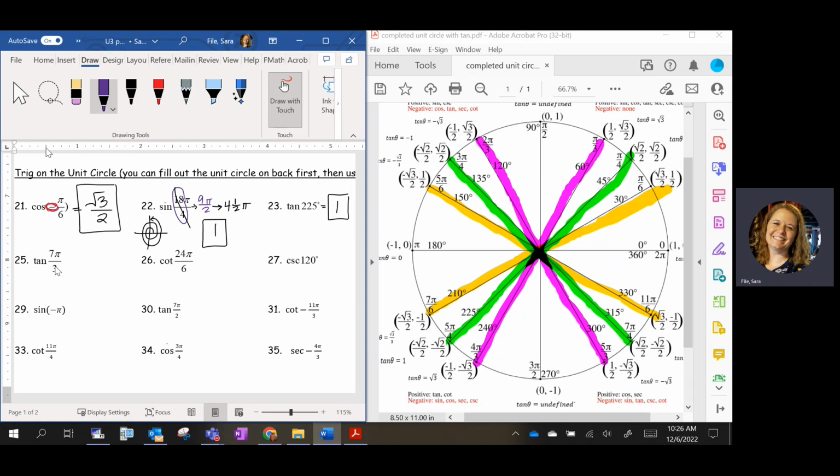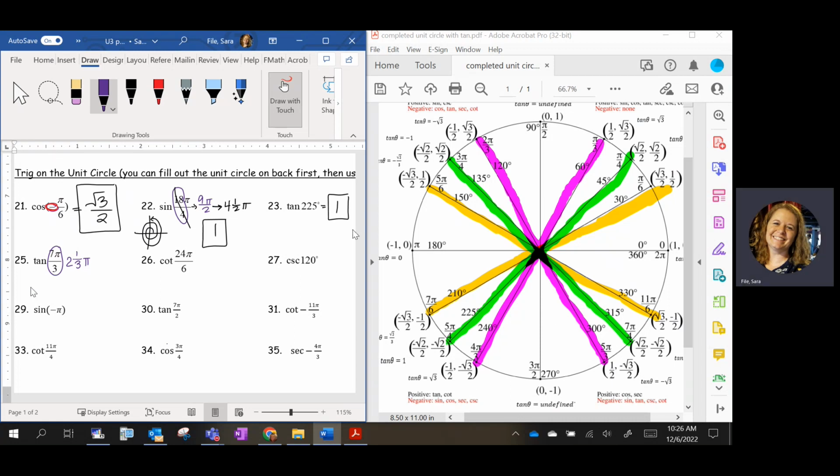How many times does 3 go into 7? Twice with 1 left over, right? If it helps you to rewrite this as a mixed number, you can. So 2 pi, that's a full circle, and then 1/3 pi more.